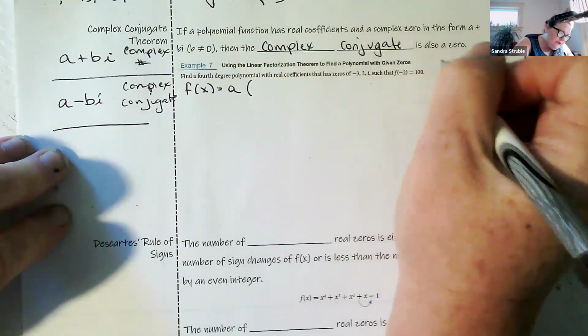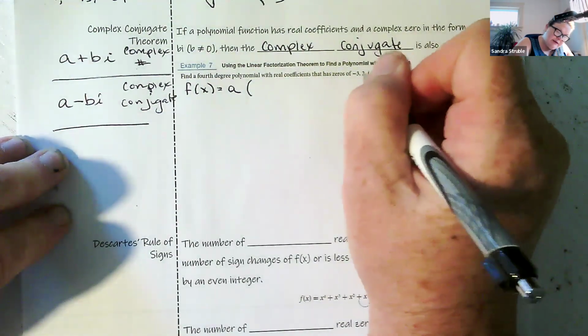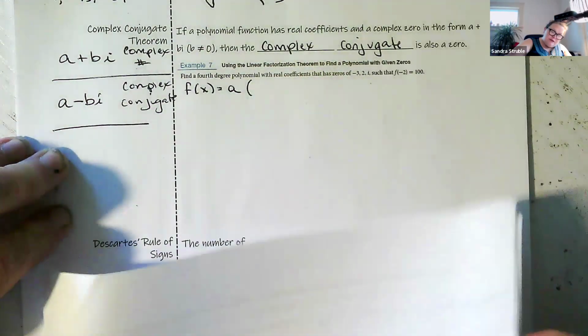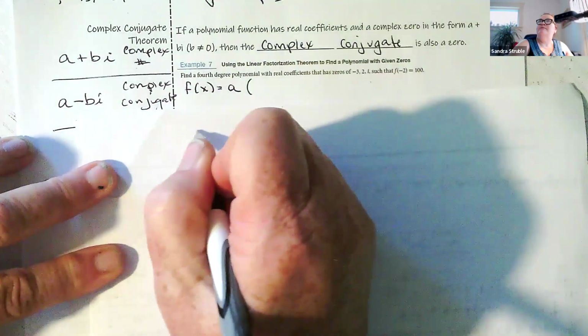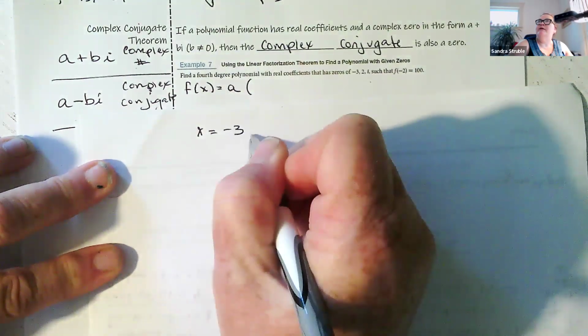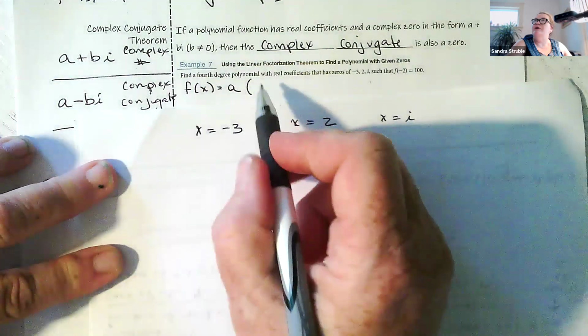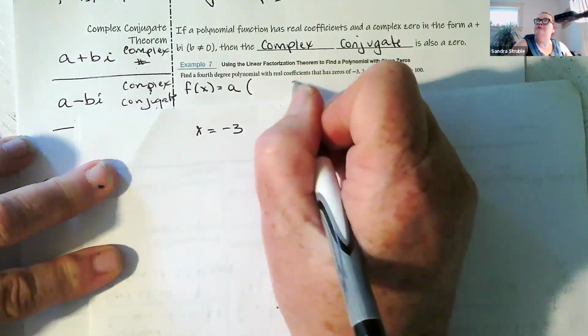Now, for each one of these, you need to understand that this is x is equal to each of these. So I want to come back up here. I need separate paper. So if x is equal to -3, x is equal to 2, and x is equal to I, you need to set each of these equal to 0 to find out what we're going to plug in for our binomials.